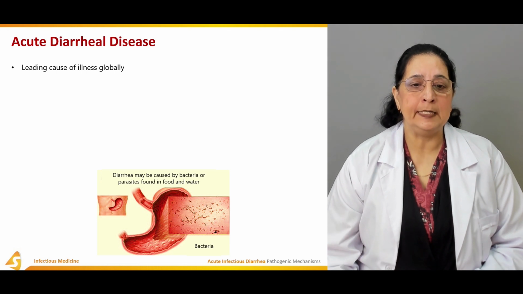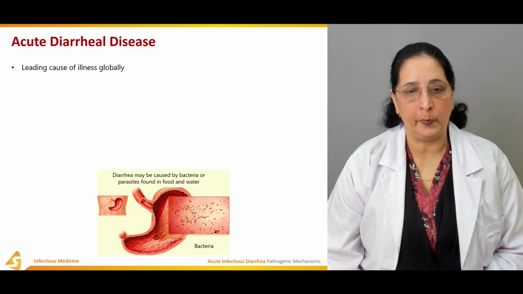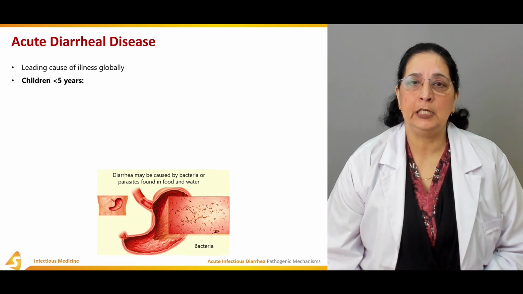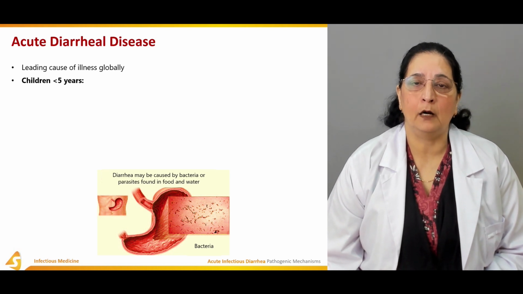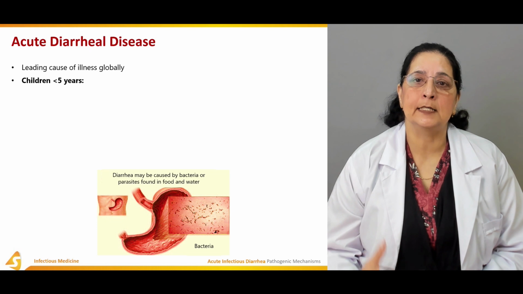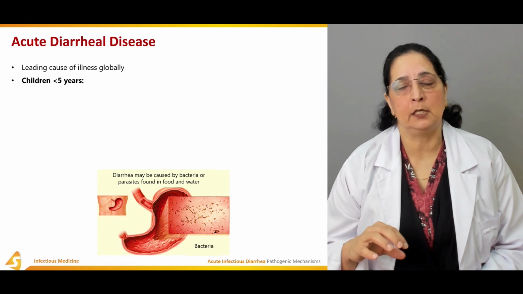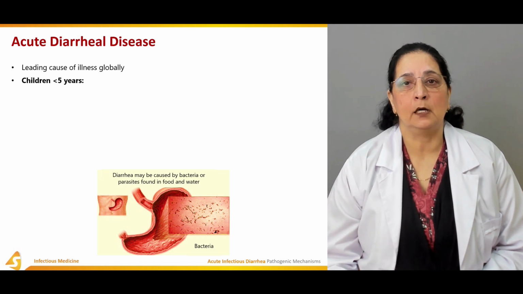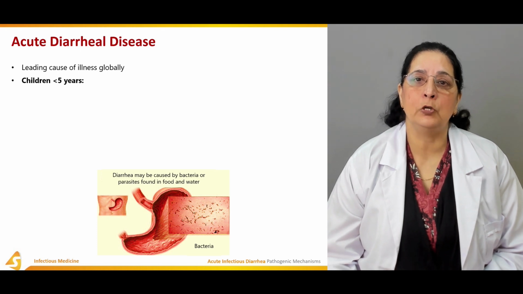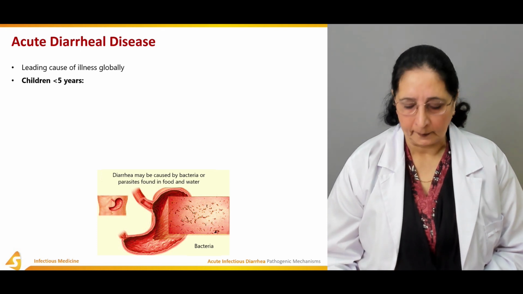So it's a leading cause of illness globally. Children usually less than 5 years are more affected. Their immune system is weak also. So these are the children who are prone to acute infectious diarrhea.